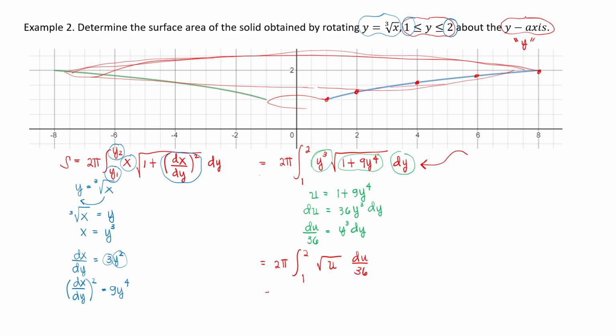So this becomes pi over 18 from 1 to 2, square root of u du.